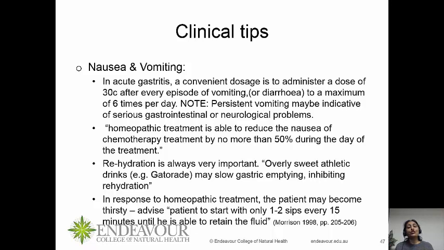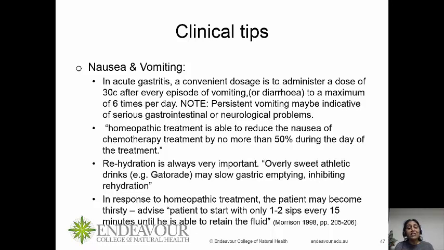So, the case taking should involve factors like, if you've got nausea or vomiting, what is it that you feel, or how many times are you vomiting, what are you vomiting, is it only water or is it undigested food, and also the modalities, when is it that you feel the nausea, or how long after eating do you vomit, or is it only a sensation of nausea and there's no vomiting accompanying it.